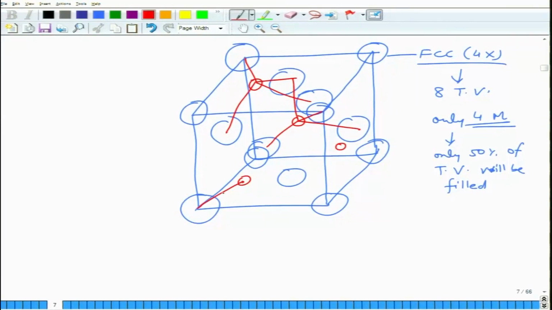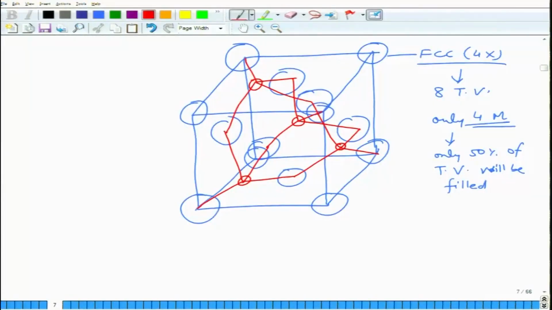This is coordinated by this atom, and the one at the center of the face, that is here, and this will be coordinated by this atom, the one here, and the one there. This is how the coordination is going to look. It is like a diamond cubic lattice, basically diamond cubic lattice. It is just that the atom sitting in the tetrahedral void is different. So, basically this lattice is again, you can say it is an FCC lattice.